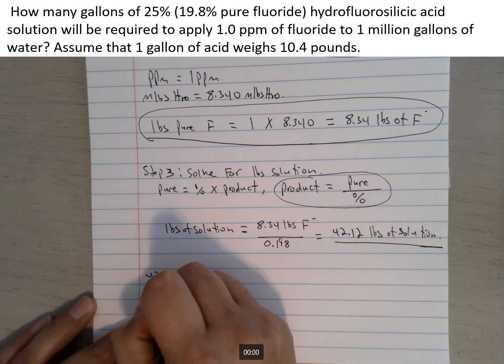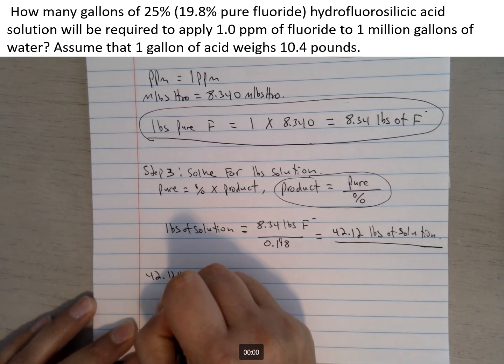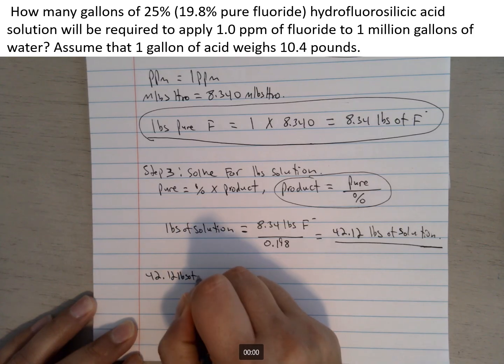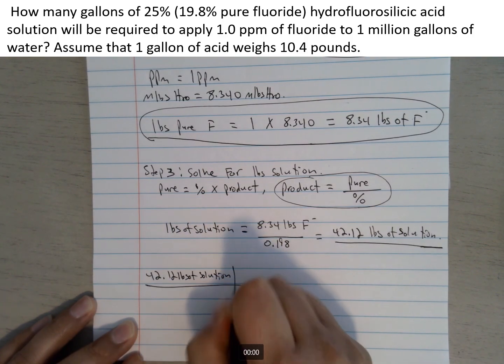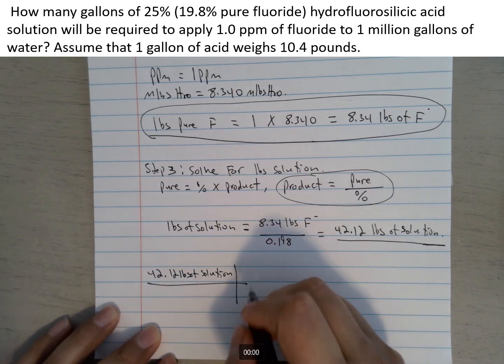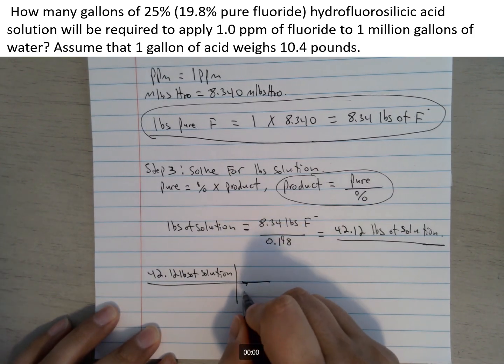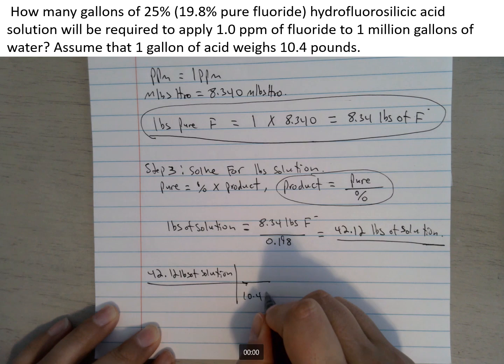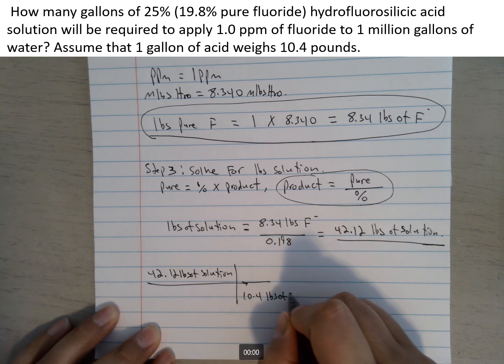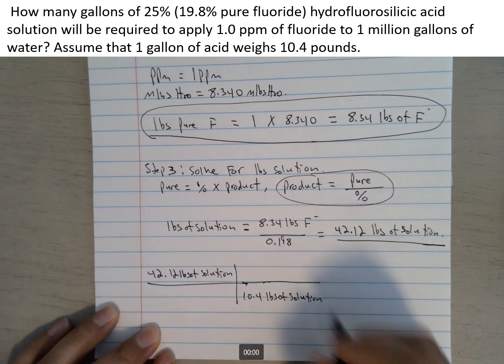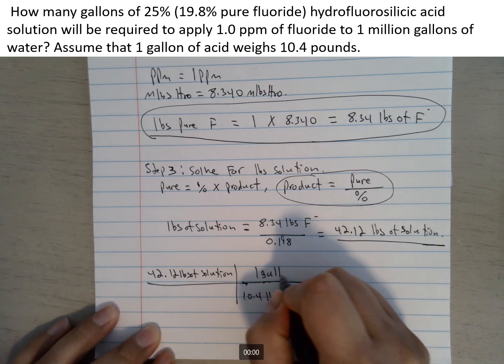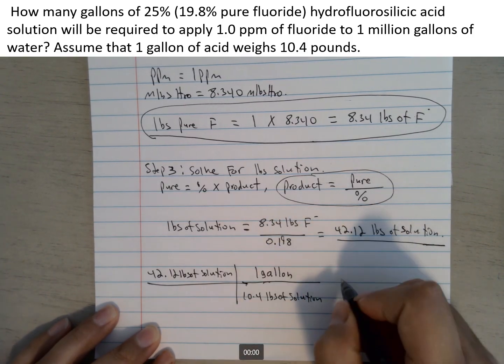So if I take 42.12 pounds of solution, we know that 10.4 pounds of solution is the weight in 1 gallon of that acid.